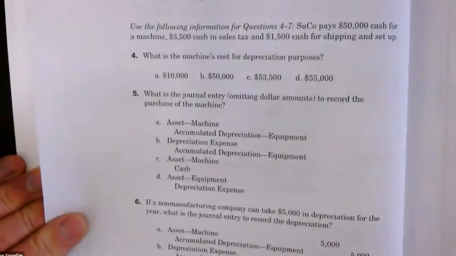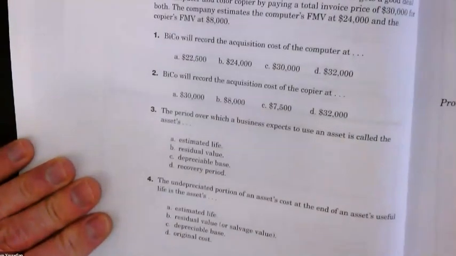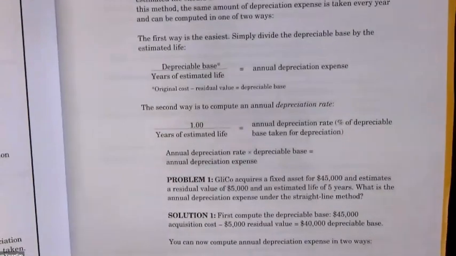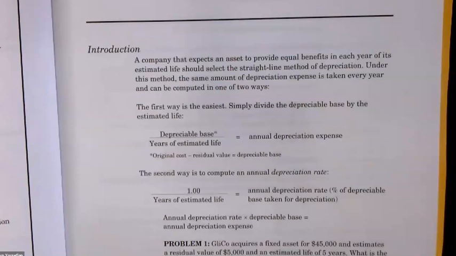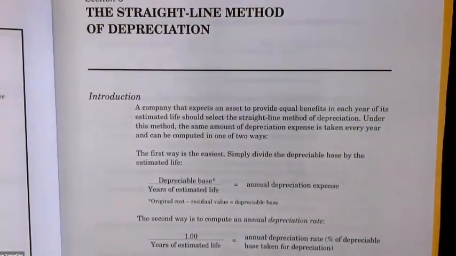Okay. There are some quizzes for you to practice a little bit and get feedback. In section 3, we are talking about the straight line method of depreciation, which should be a very easy section, I believe.